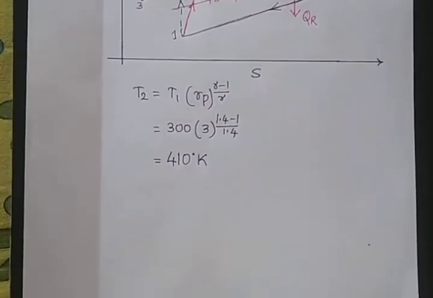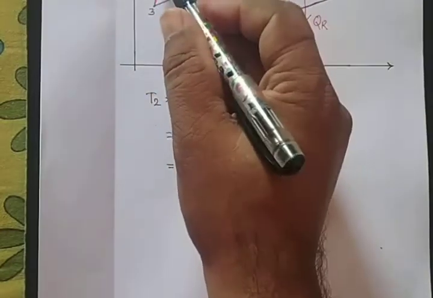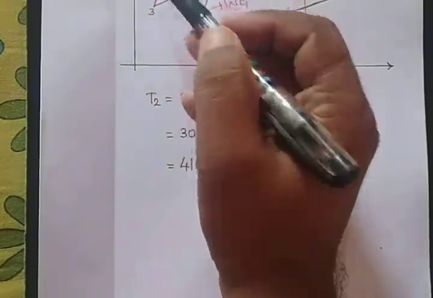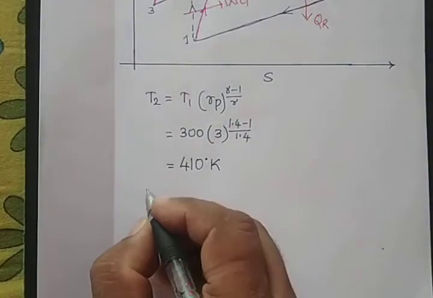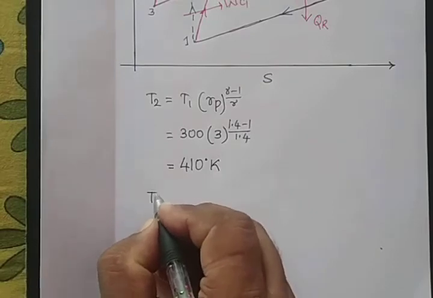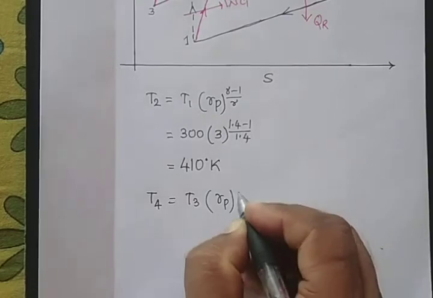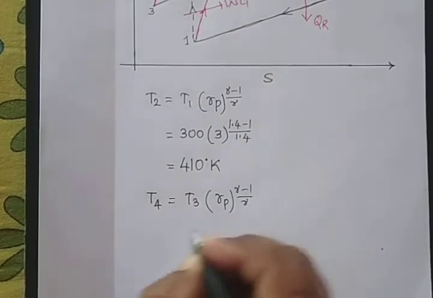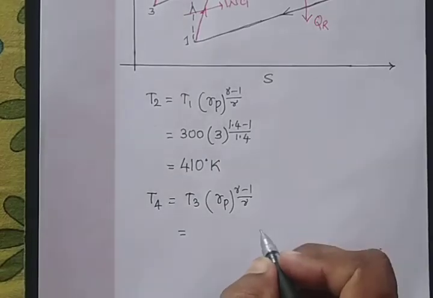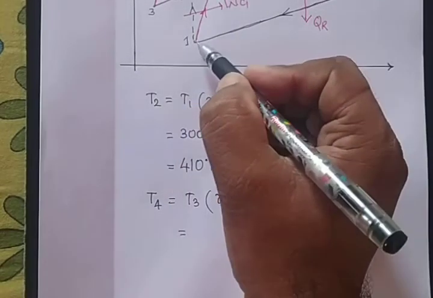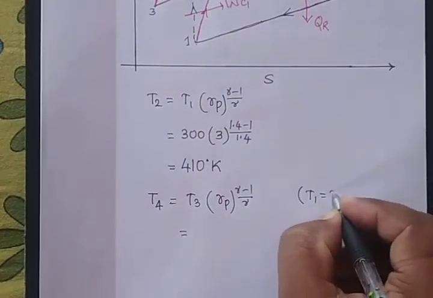So once you find out T2, then you can take the process 3 to 4. So during the process 3 to 4, I will find out first T4. So T4 will be equal to T3 into Rp to the power gamma minus 1 by gamma. So I am assuming that the temperatures T1 and T3 are same, that is T1 equal to T3.